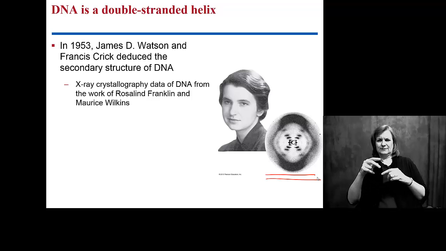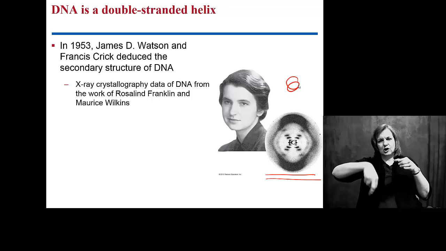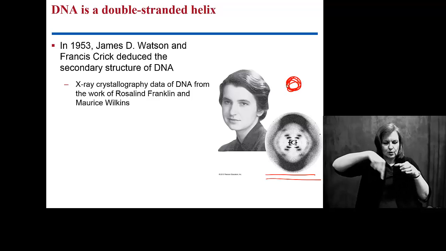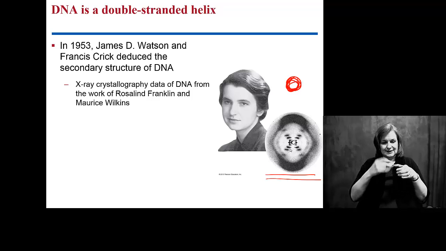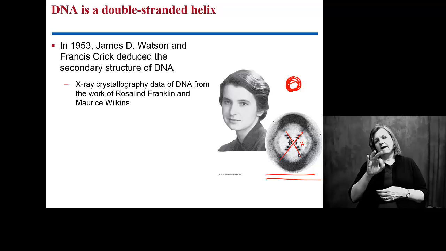But you need to think about this like looking down from the top of a spiral stairwell. So if you're looking down the DNA, it's circling and circling and circling. And what you're seeing through the middle would actually be the hydrogen bonds between the bases. So her work was critical in determining that DNA was indeed double-stranded.